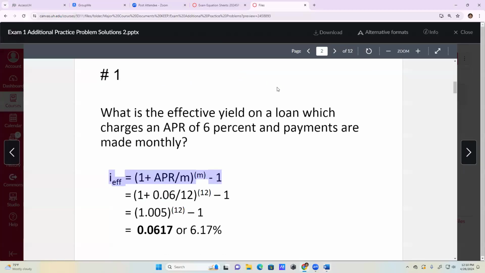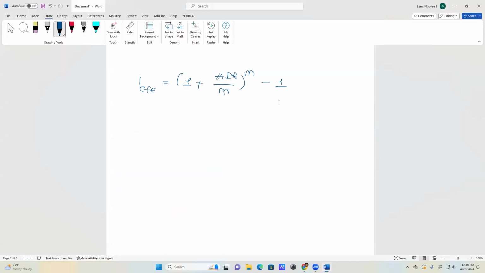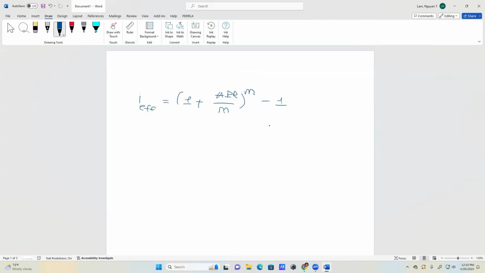After that, subtract 1. At this point in time, I will not explain why you get this. However, whenever you see a problem about finding effective yield, think of this equation.